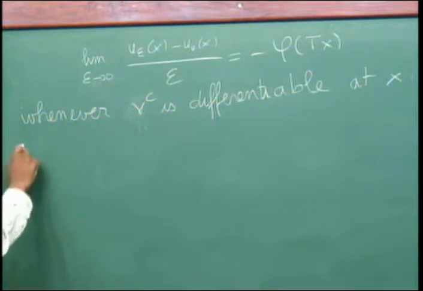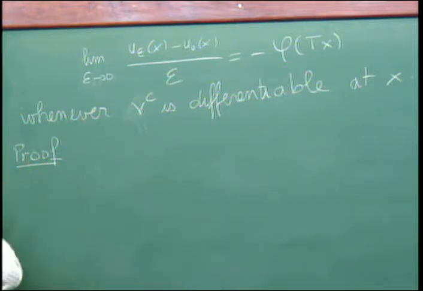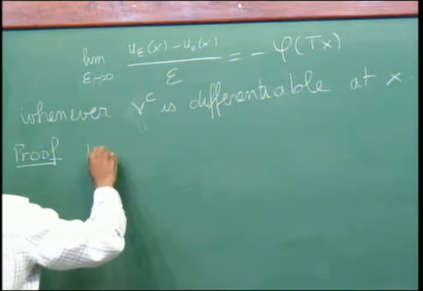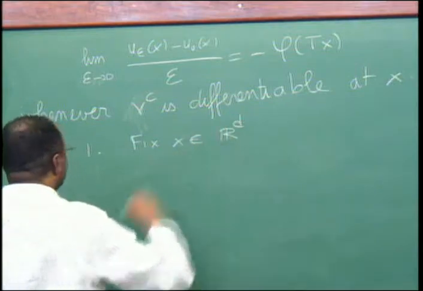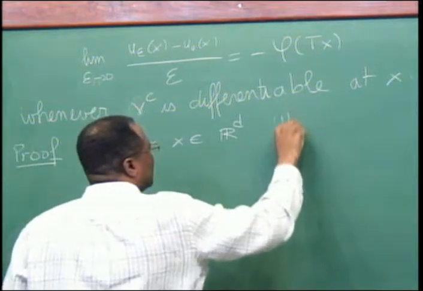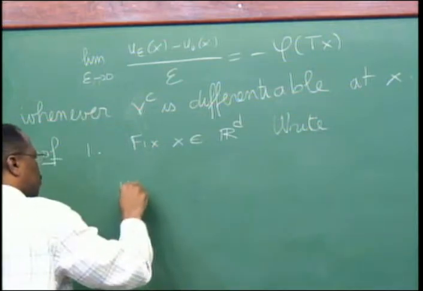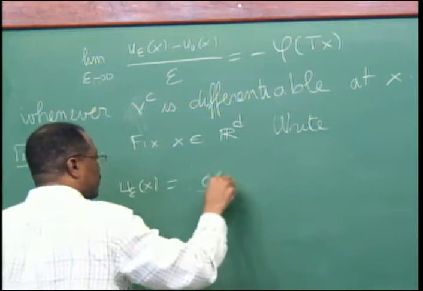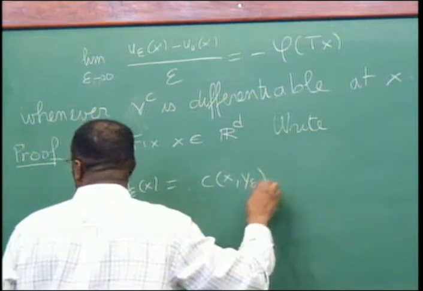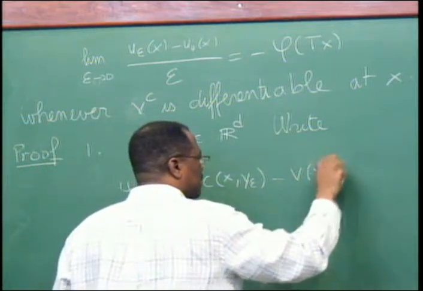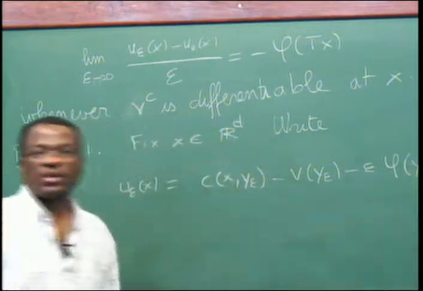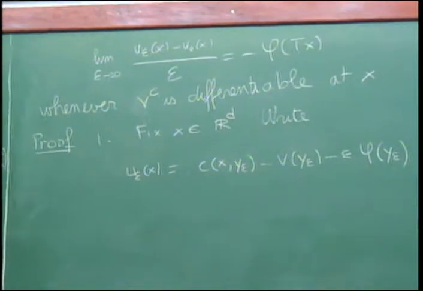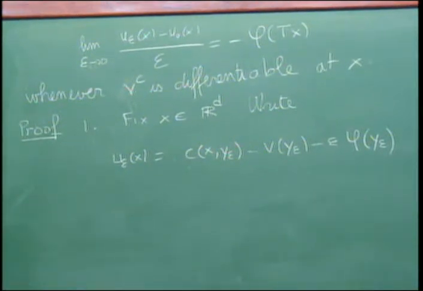So, proof. First, fix x in R^d. Write U epsilon of x equal to c of x, y epsilon, minus V of y epsilon, minus epsilon phi of y epsilon. Last time we proved that because the function is upper semi-continuous, the infimum exists.